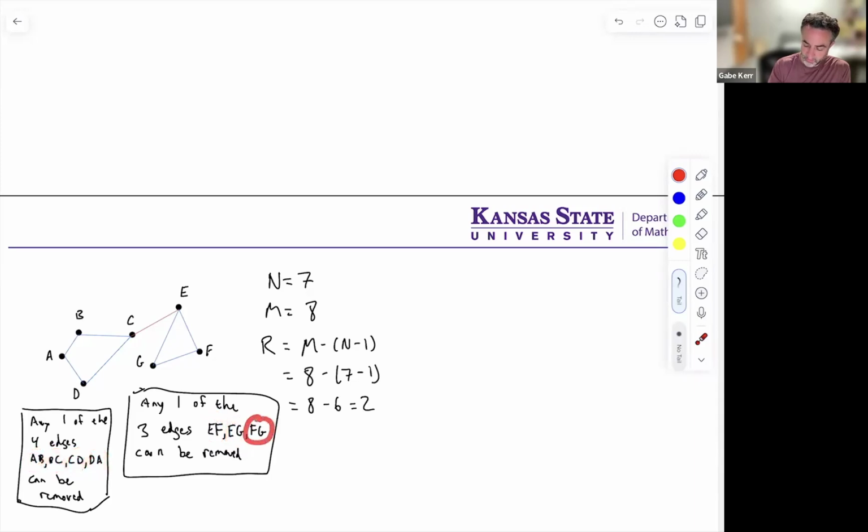And if you remove this, you have another 4 choices. So that gives you 3 times 4. And so these two observations reveal that there are 3 times 4 equaling 12 possible spanning trees.